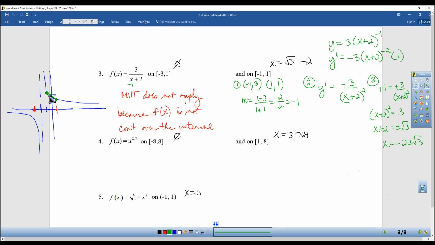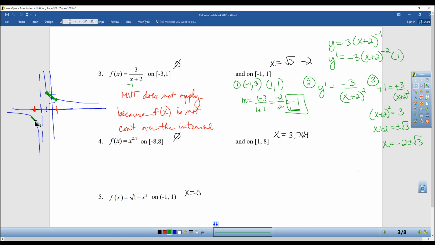Only one of these can be in that interval from negative 1 to 1. Remember, the last step is to check your actual answer. Negative 2 minus the square root of 3 is definitely over here. And it does make sense that it produced two answers because whatever this slope is, negative 1, that's the slope right there between those 2 points.